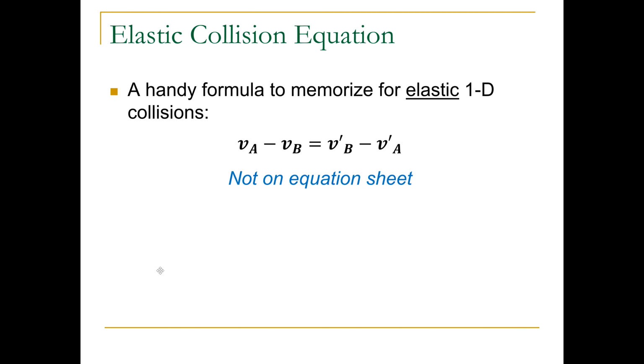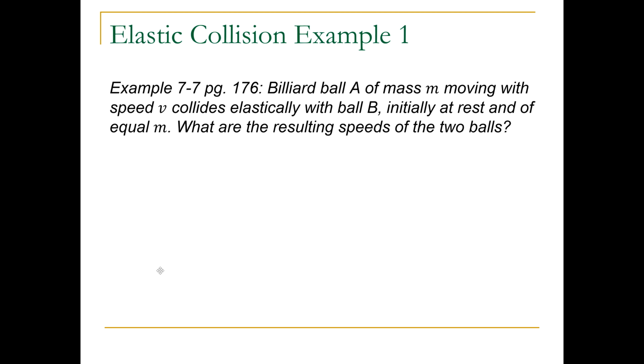It's not on the equation sheet. I don't think you'd be expected to use this equation on the AP exam, but it could potentially be helpful for multiple choice problems on AP exams. And really the best thing about it is it is so simple, right? So the difference in their speeds before equals the inverse difference in their speeds after. So helpful equation to use.